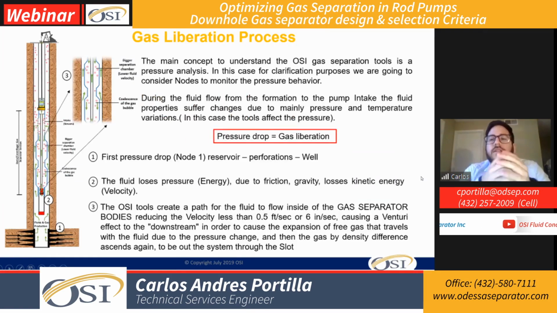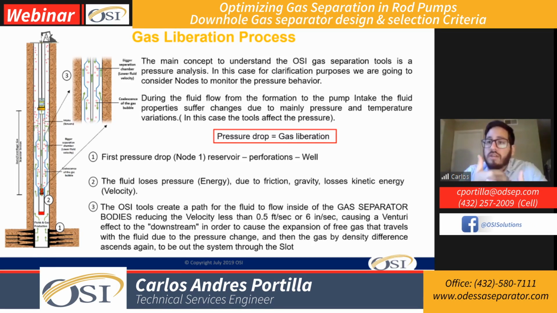All right, so basically what we wanted to show you here is that pressure drop basically means gas liberation. Velocity is going to be very important in this process with the bigger gas bodies. Through years and many studies, textbooks, and field experience, we know that a velocity of 0.5 foot per second is what we're aiming for.